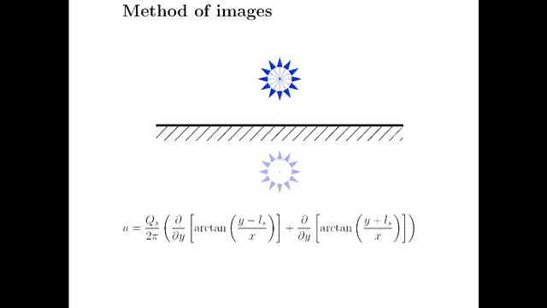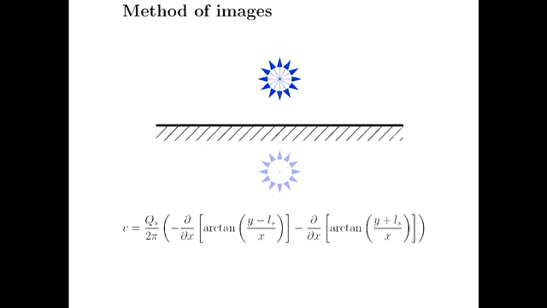Again, you're going to get good at differentiating arctans, but all I've got to do is differentiate that bracketed arctan term with respect to y, which, as long as I'm careful, I should be able to do. Okay, so we can get an expression for the horizontal component of velocity from this, and we can also get the vertical component of velocity. In this case, I have to multiply the stream function psi by -1, and then I differentiate with respect to x.